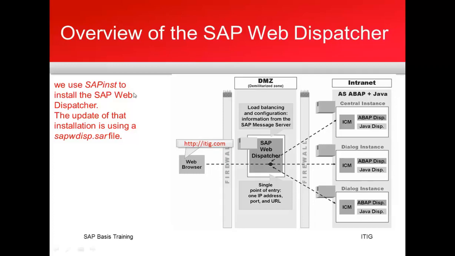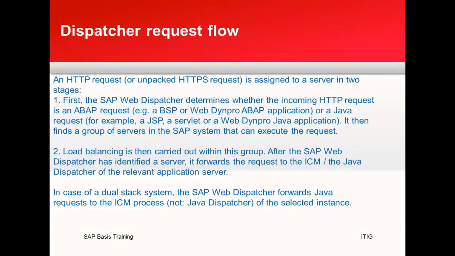That is about the location. From the installation perspective, we can use the SAPINST tool to install the web dispatcher. And if you want to download it, this is the file which is used: SAPWEBDISP.SAR.